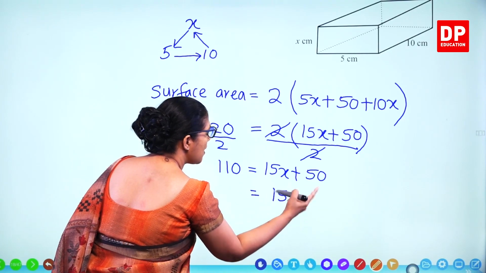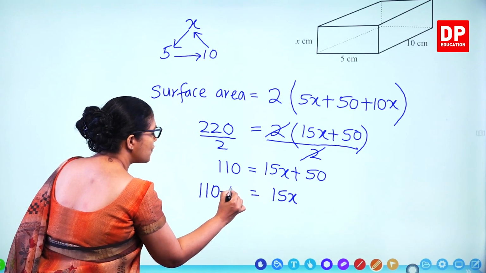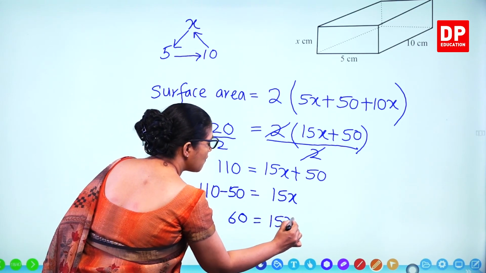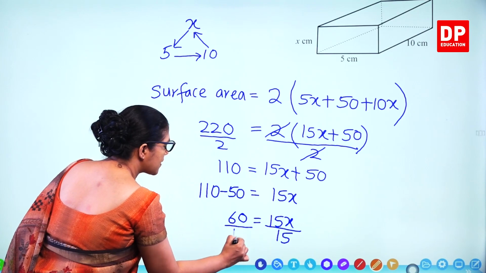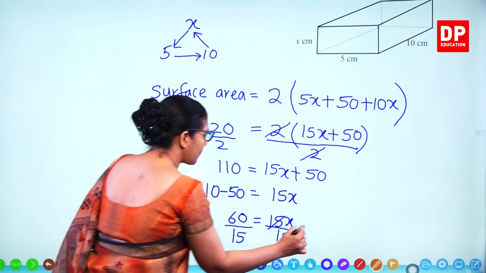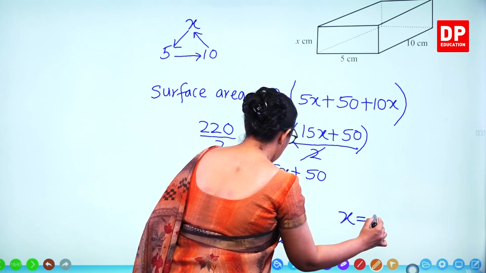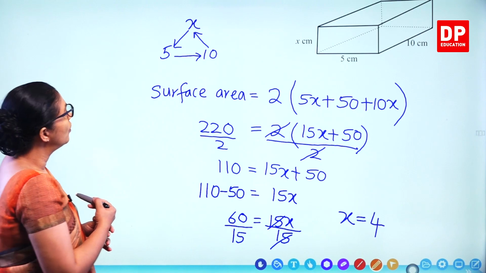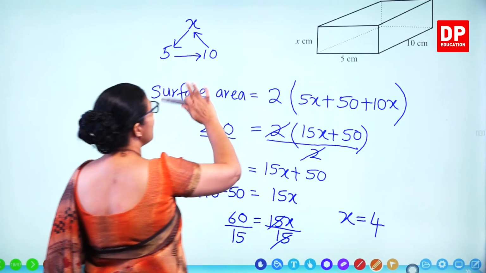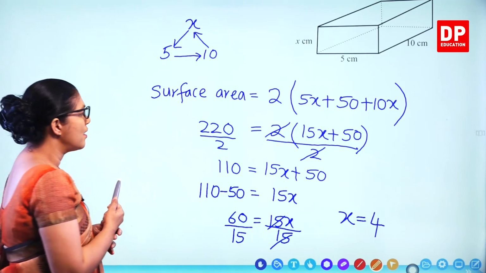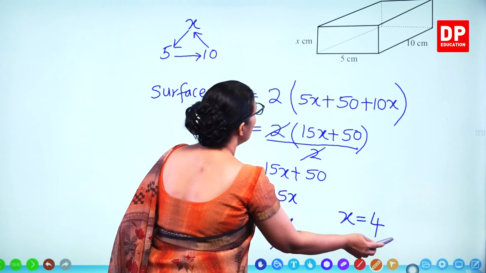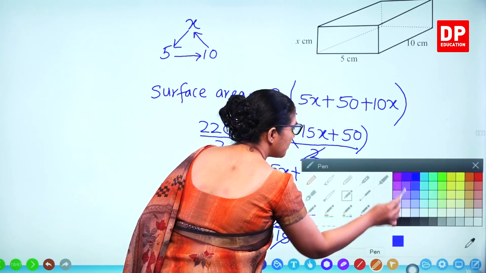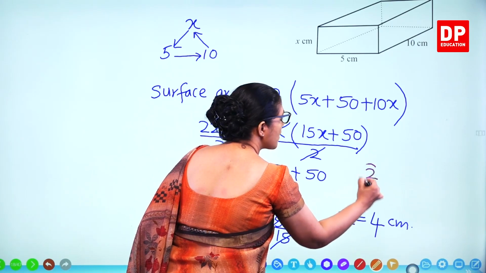So 15x becomes 110 minus 50. 60 equals 15x. Divide both sides by 15 to get x. x becomes 4. So when x equals 4, you get the height and the total surface area is 220. So this is in centimeters. x is 4 centimeters. 2 marks.